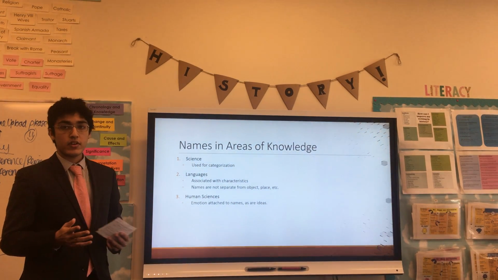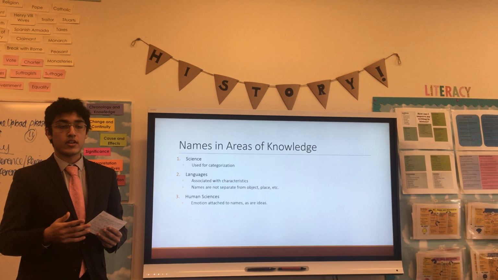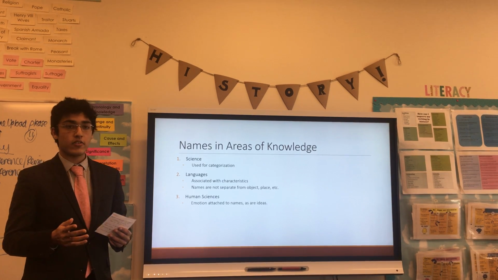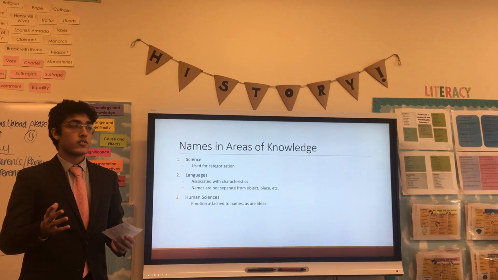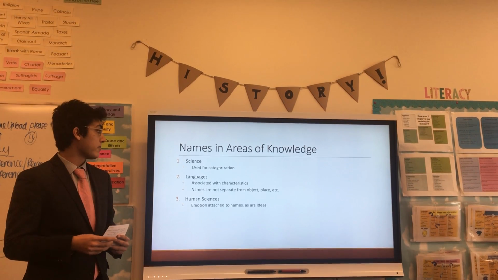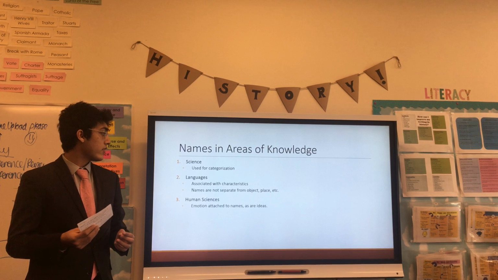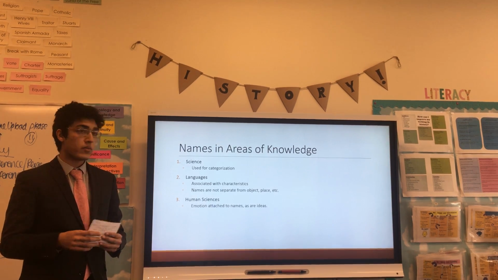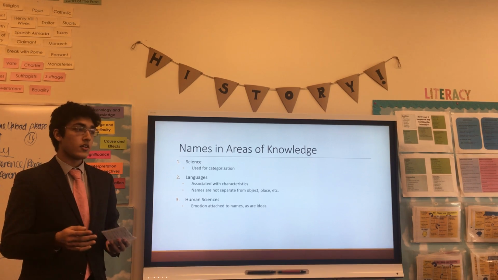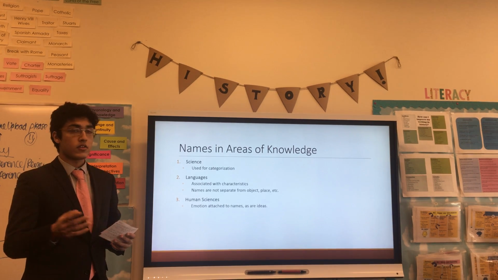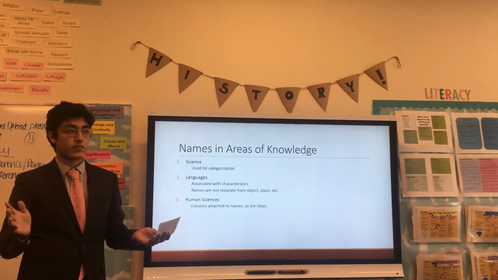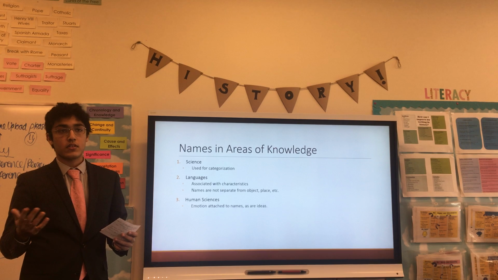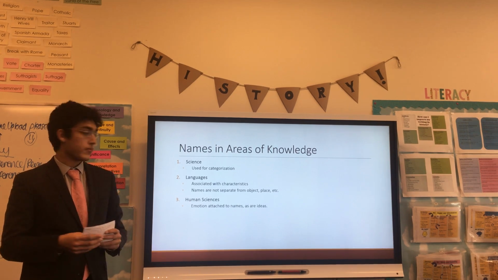Now, in different areas of knowledge, names are used in different ways. For example, in science, names are used to categorize chemicals or to classify organisms. Whereas in language, names are associated with certain characteristics of an object or a person, or they're different parts of speech which are used for different functions.